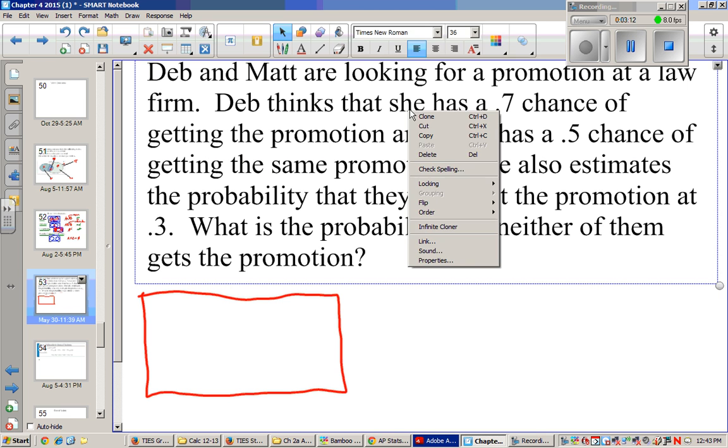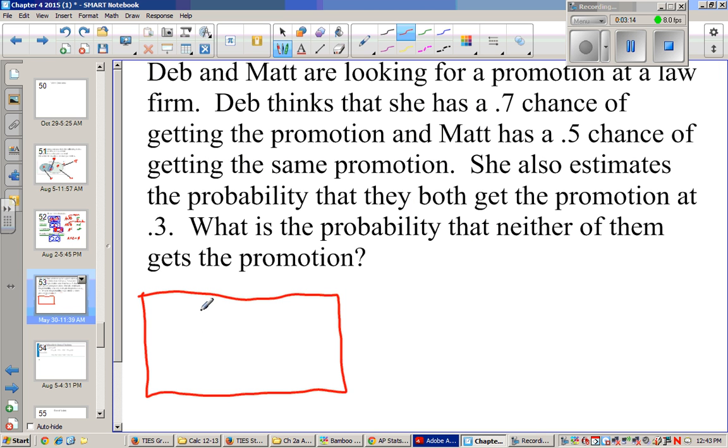So I draw this to be a whole sample space, and I have circle A and circle B. Now the probability that you start in the middle, the probability they both get it is 0.3. So we'll start there. We'll call this Deb and this Matt. Now, if Deb's whole circle adds up to 0.7, that means that these two numbers have to add up to 0.7.